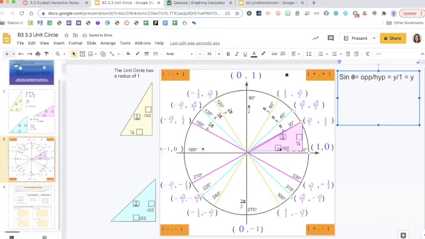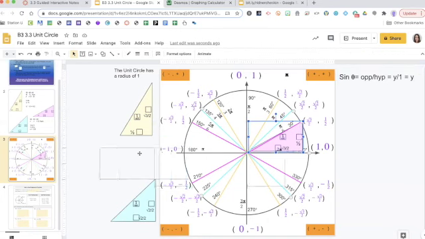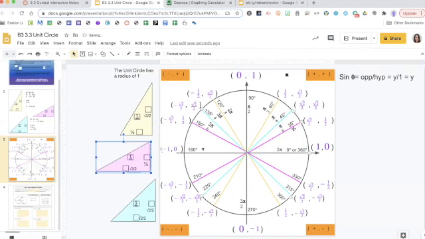Okay, so if you're doing something different, make sure you're listening, because I'm just going to go through a ton of examples here. If I say, hey, what is sine of 30 degrees? You're going to look at the y value and say, sine of 30 degrees is 1/2. What is sine of 135 degrees? Sine of 135 degrees is square root of 2 over 2.